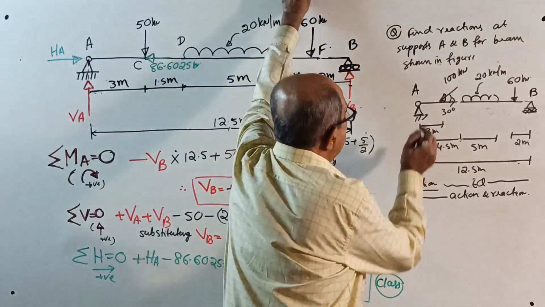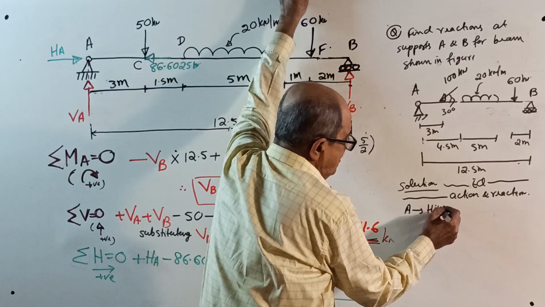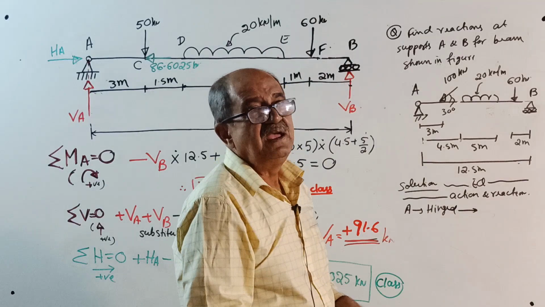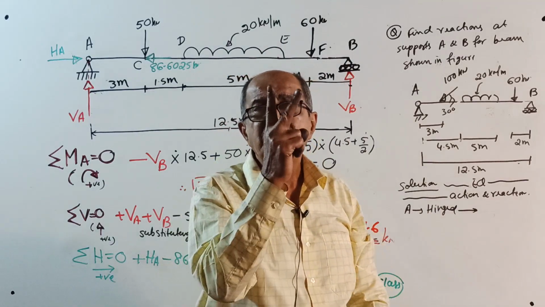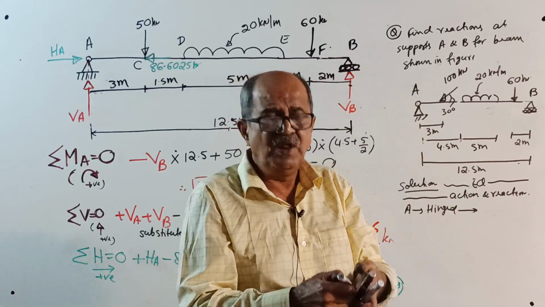Now write here. A is hinged support. I have dictated something, no space to write. Hinged support will have two reactions. This all I explained. Vertical reaction and horizontal reaction.